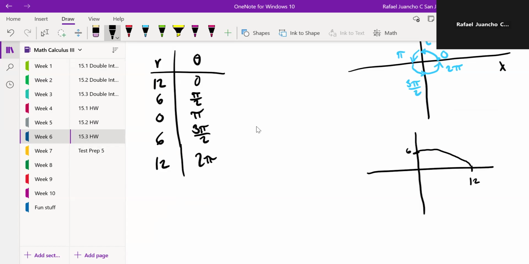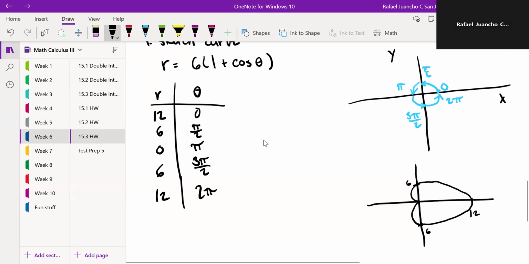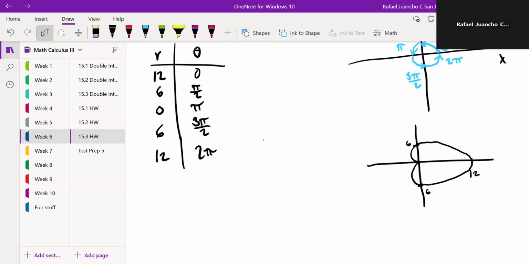That's something I haven't figured out yet. Then we go to 0 at pi, then from 3 pi over 2 we go 6 again, and then back to 12 when we rotate here. So it really is that sideways heart that we're looking at.